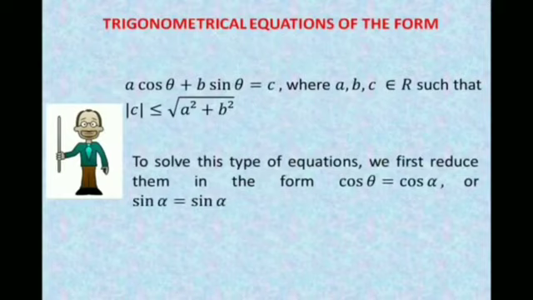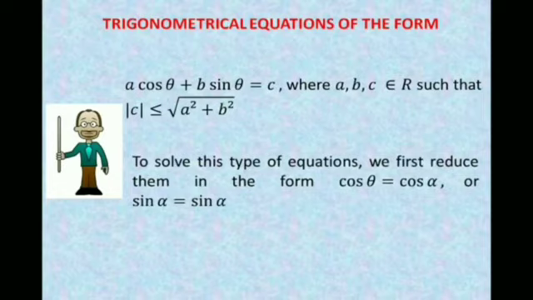The important thing you have to remember, that when our equation is in the form of a cos theta plus b sin theta is equal to c, we have to combine both sine and cos together. This can be done by just dividing both sides by under root a square plus b square. By doing this, we will get a by under root a square plus b square and b by under root a square plus b square.